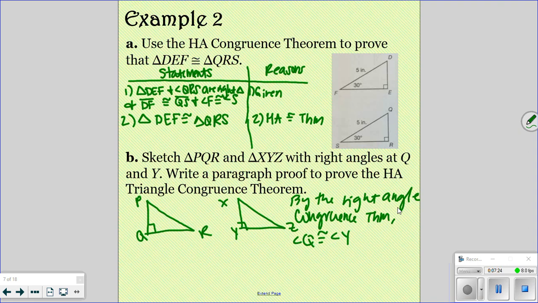That's what the right angle congruence theorem says. And then if this side here is congruent to this side, so if XZ is congruent to side PR, and if one of our angle sets, so we'll say P is congruent to X.